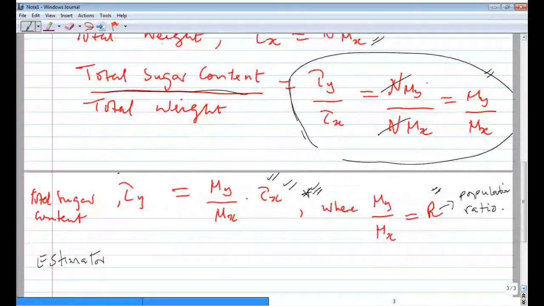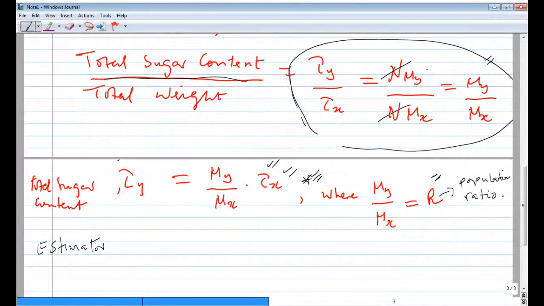Now I wanted to say that we just want to find the estimator of the population ratio. What does that mean? The estimate of the population ratio is like we want to find R estimate, isn't it?